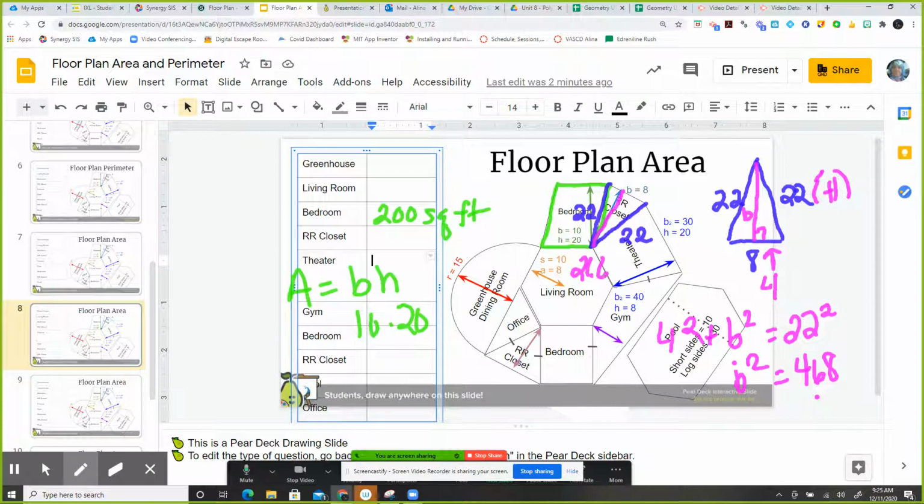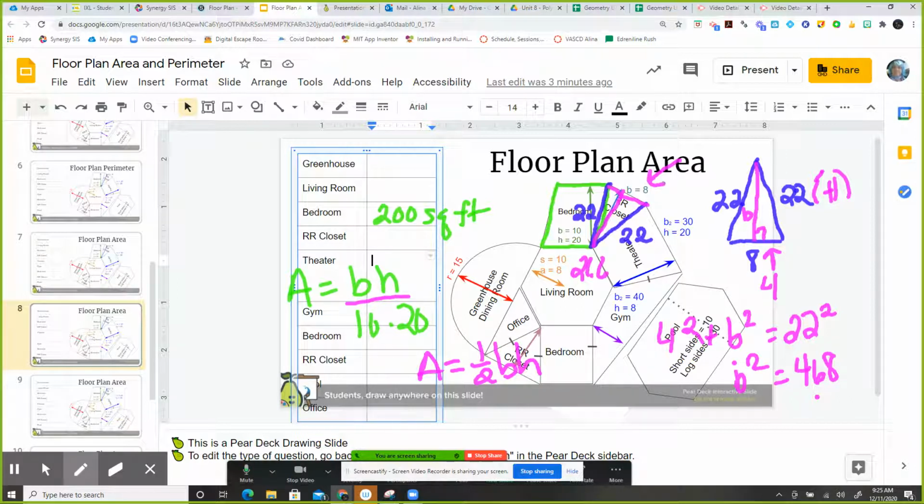So now how do I find the area now that I have the height? Area of a triangle, is it base times height, or is it 1/2 base times height, right? So for this closet, this is a tricky problem.